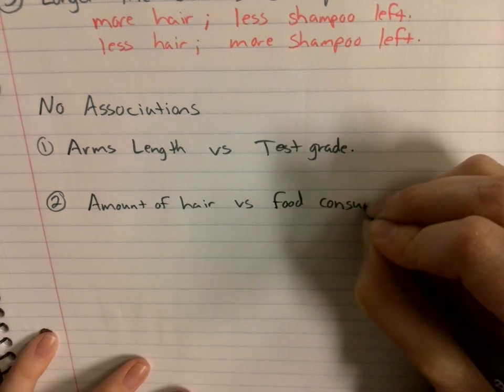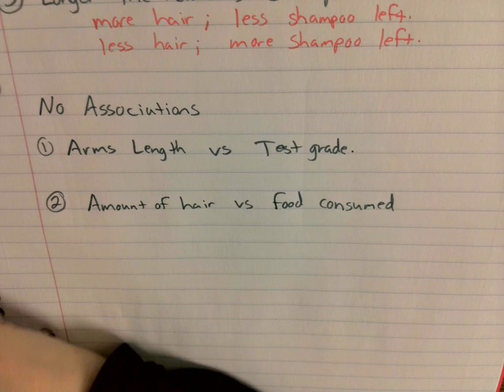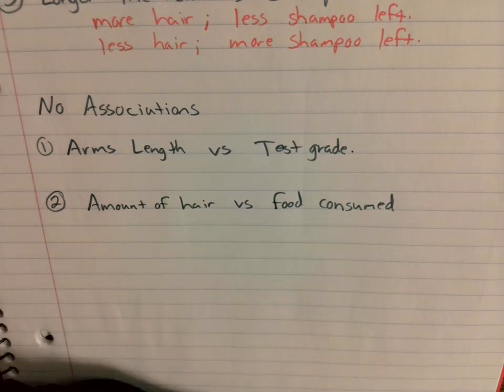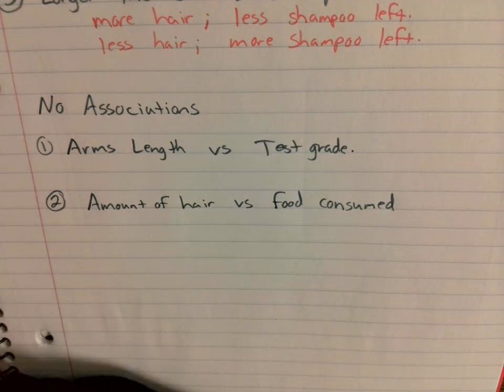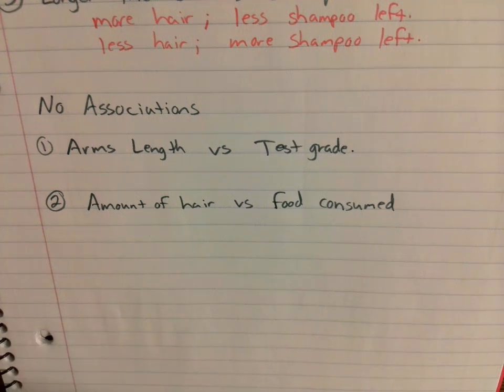If I have really, really long hair, does that mean I'm going to consume more food? If I have really, really short hair, does it mean I'm going to consume more food? No. Your hair length has absolutely no effect on the amount of food that you're going to eat each day. If it did, then everybody would be getting their hair cut to lose weight. Okay? Has no effect. So things that have absolutely no potential effect on each other, those would be the no associations.